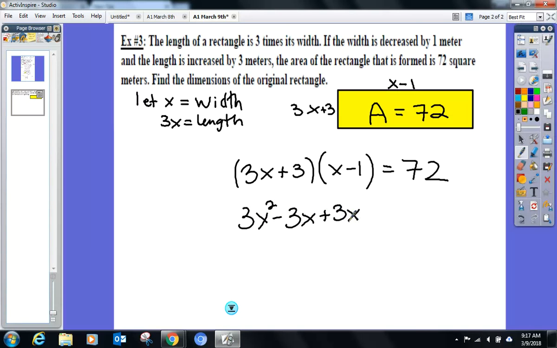Ooh, a little something happening in the middle there. When I clean up that left side, what happens to the negative 3x and the positive 3x? Ooh, okay. All right. So 3x squared minus 3 equals 72.